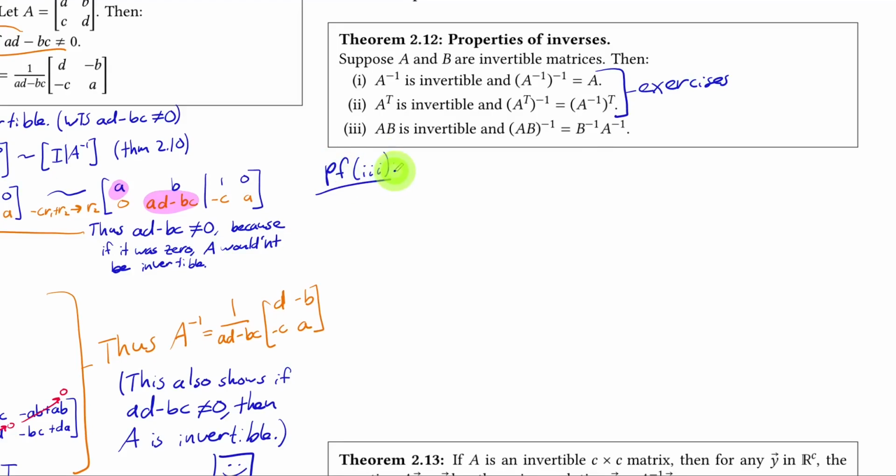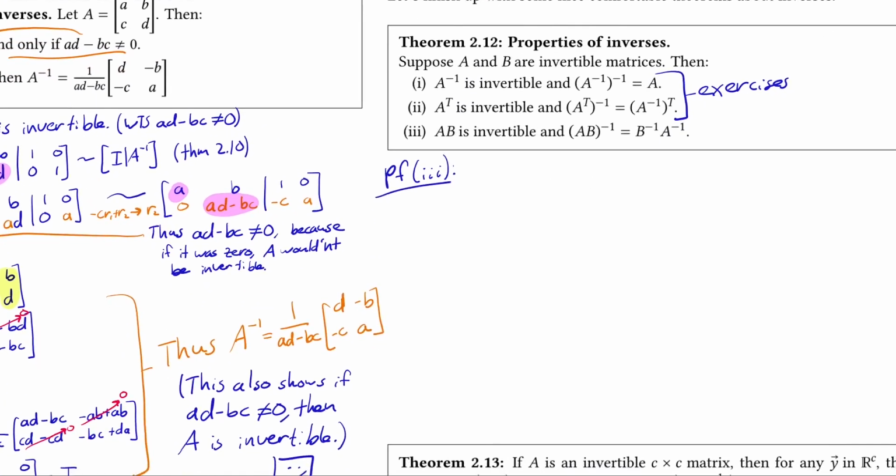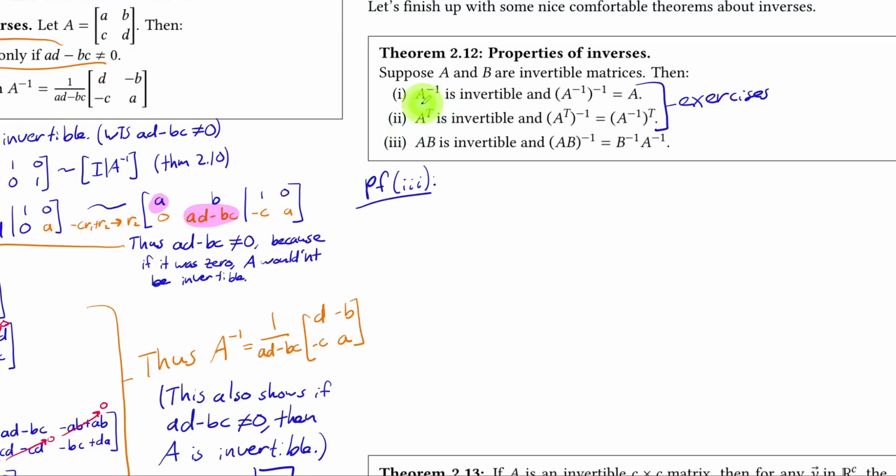Now, 1 says that if A is invertible, then A inverse is invertible, and the inverse of the inverse is A. Maybe no big surprise there. It seems like what it should be. Likewise, if A is invertible, then A transpose is invertible, and the inverse of the transpose is the same thing as the transpose of the inverse.